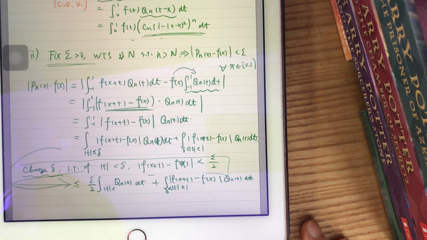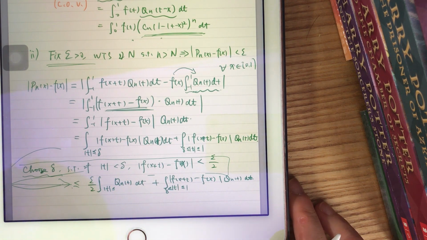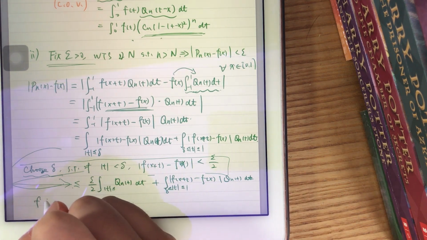We are about to finish it. What else do we know? We know actually f is bounded, right? f is bounded on 0 to 1 by some M, right? f is bounded.